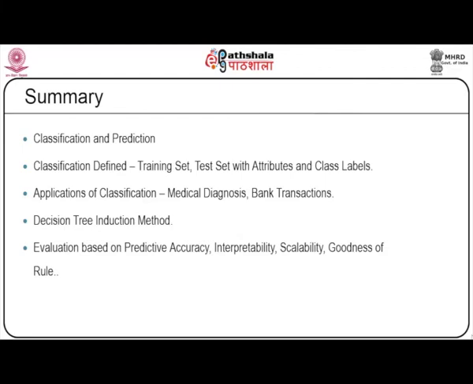Then I defined classification, using terms called training set and test set, which concentrate on a collection of records, attributes and class labels. The class labels are the ones we have to identify by using these classification algorithms.